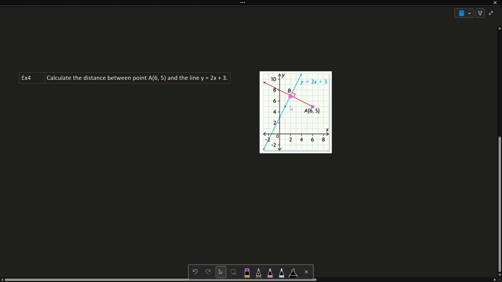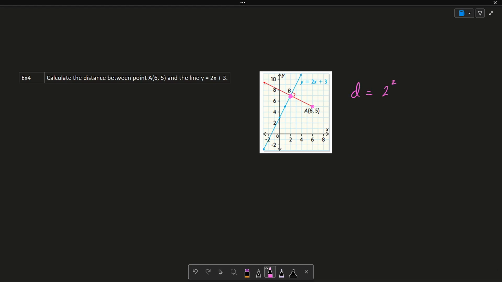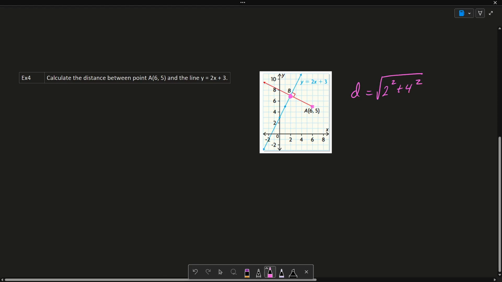It looks like it's going to be 2 in the y direction and 1, 2, 3, 4 in the x direction. So I'm just going to guess that my distance is actually the square root of 2 squared plus 4 squared, because remember, our distance can be figured out by using the Pythagorean theorem with the sum of the squares of the differences in the y and x directions between the coordinates of the points.